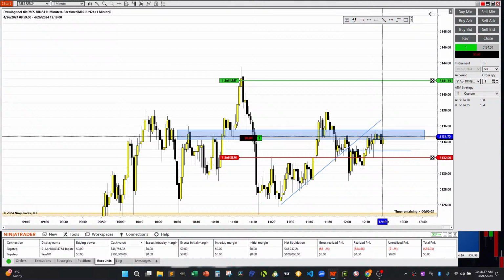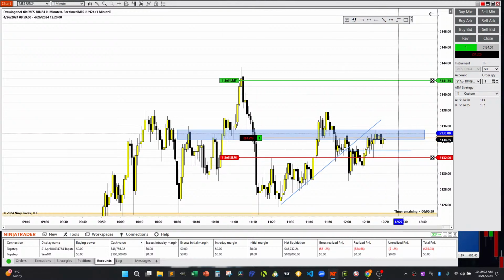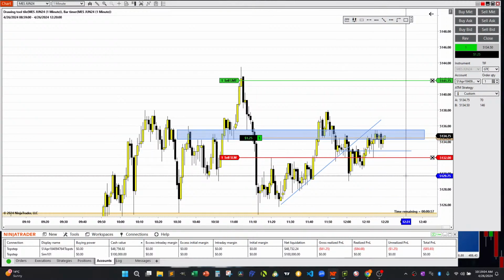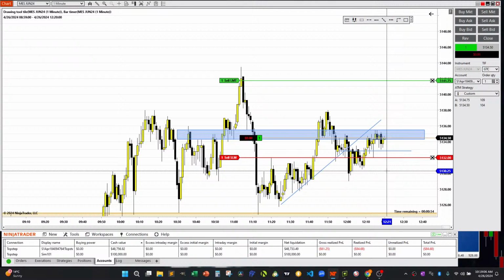Clears that high, I'll be a bit more comfortable, because we'll have to clear this level, and then that should actually become a larger scale support. I'm kind of fighting back and forth across this zone here, so mostly what it's an expectation of is just to stall out temporarily and then go.